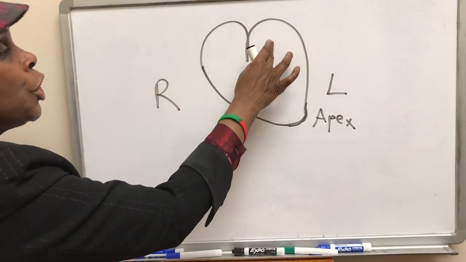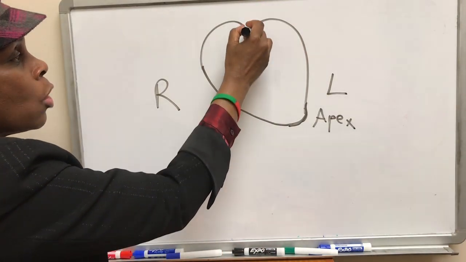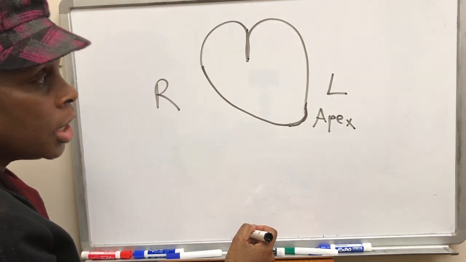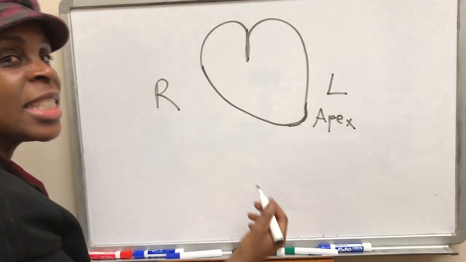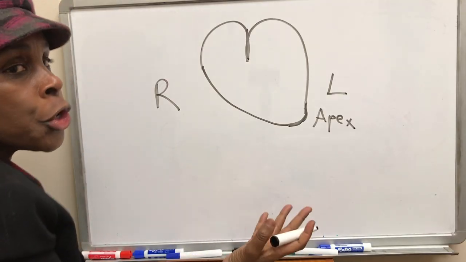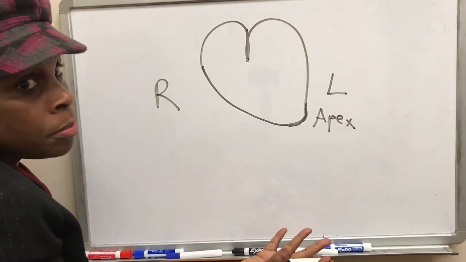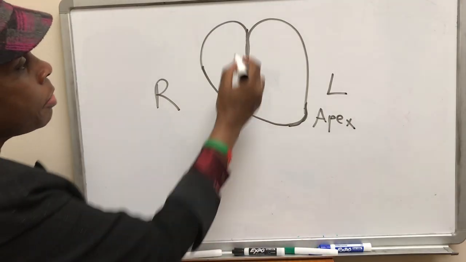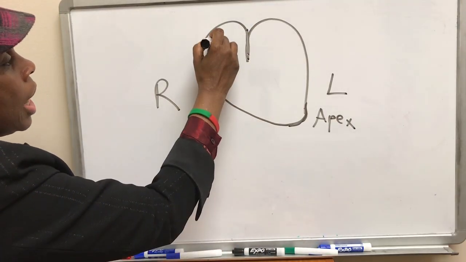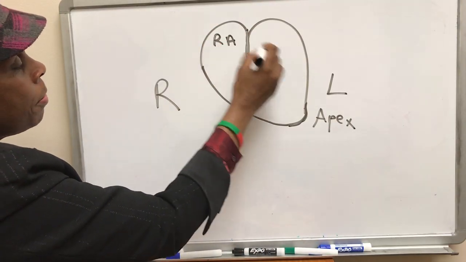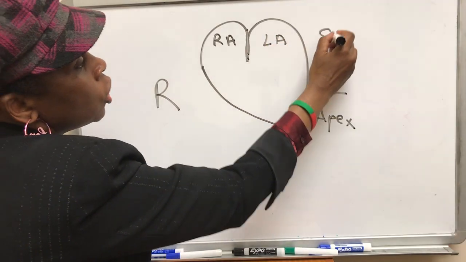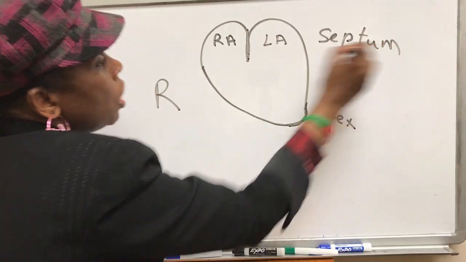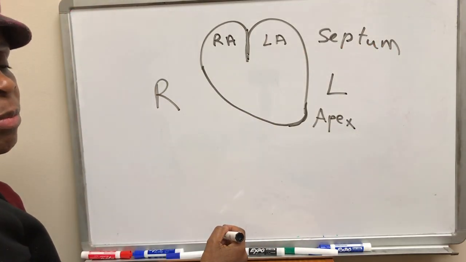Now, the 2 atria are separated by a wall called the interatrial septum. Between atria, septum. The septum is just a wall. So here I have the right atrium, I'll have the left atrium, and this wall is called the interatrial septum.